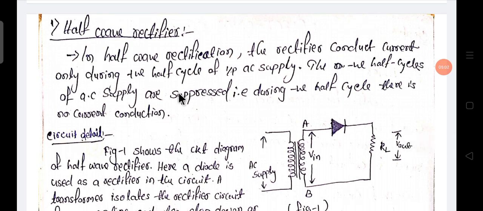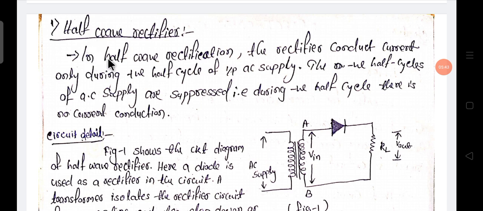In half wave rectification, the rectifier conducts current only during the half cycle of the input AC supply. The negative half cycle of the AC supply is suppressed. As the name suggests, half wave means it can conduct in half wave of the input AC signal and remove the next half wave of that input AC signal.